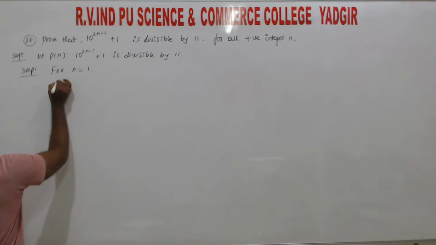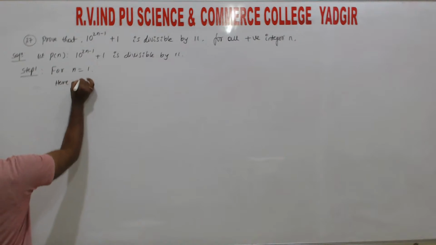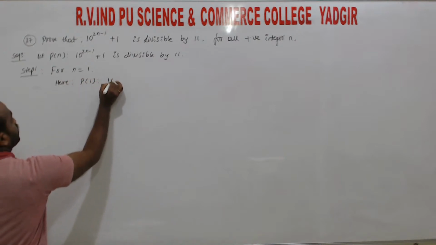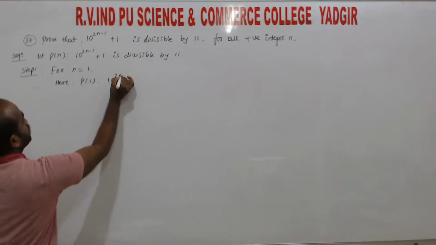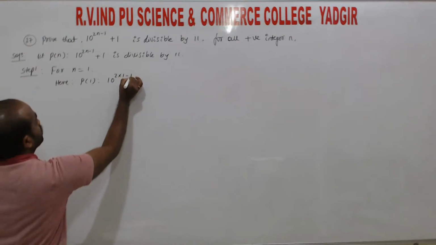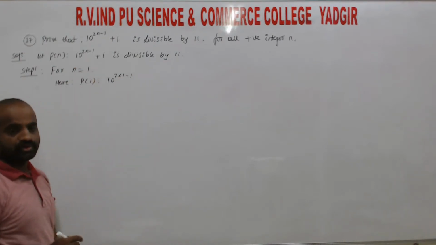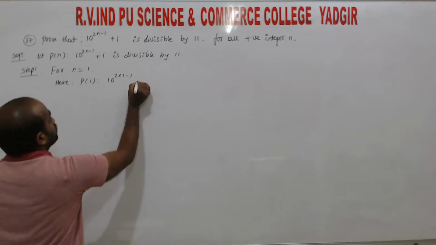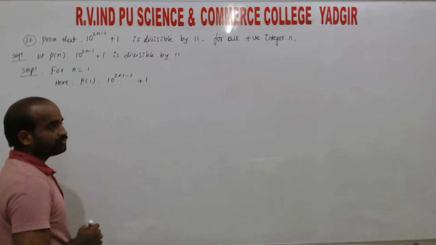For n equal to 1, P of 1 is 10 to the power 2 into 1 minus 1, plus 1.